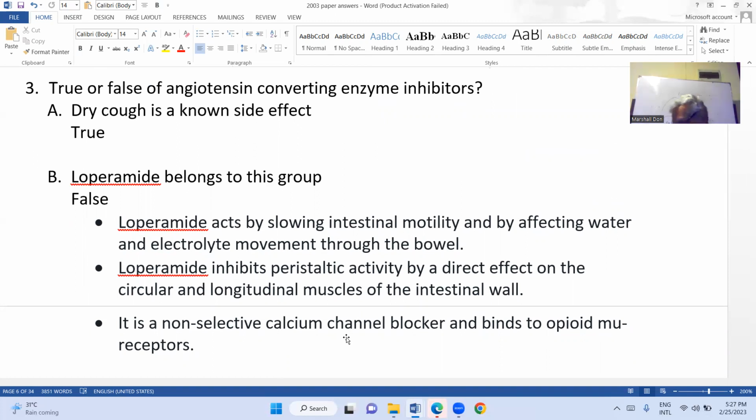Then you can talk about the ACE inhibitors within the angiotensin mechanism that is controlling our blood pressure. So liver is involved and kidney is involved and lungs involved.